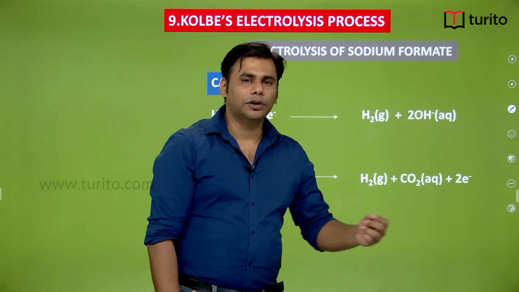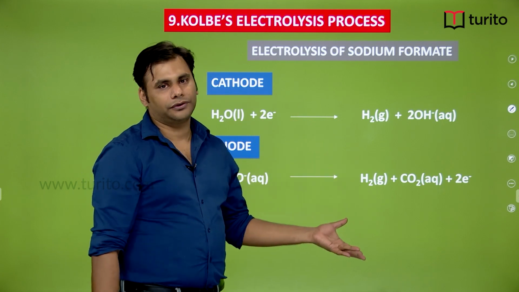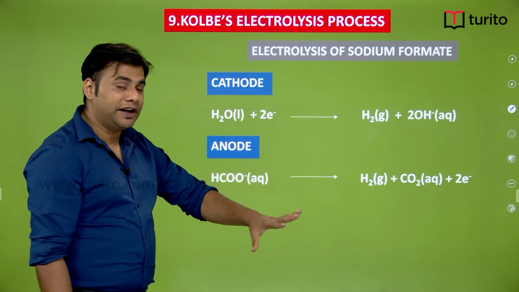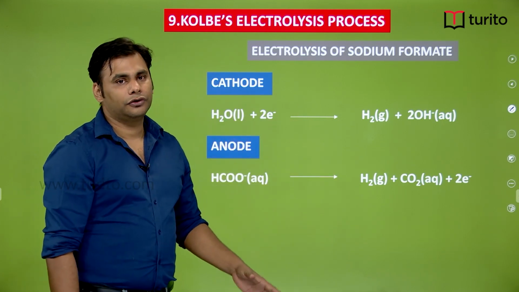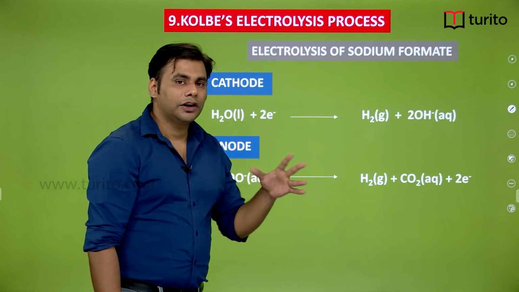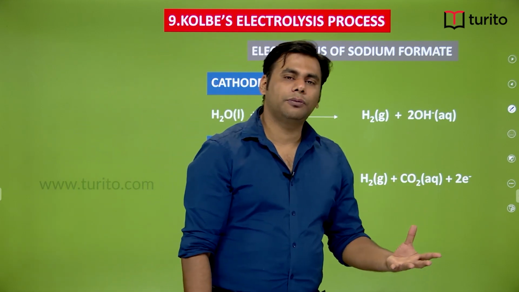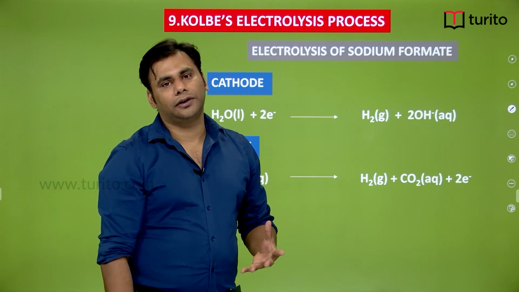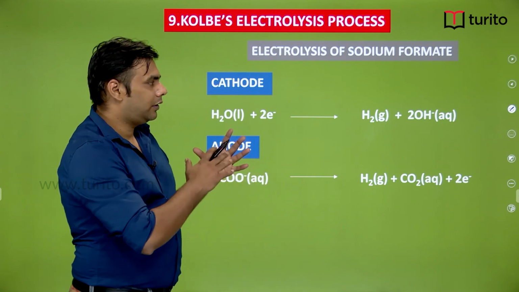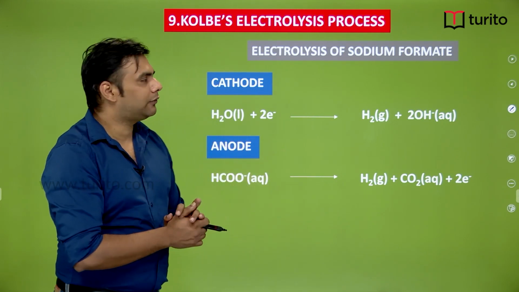We just need to know the rule and we'll start solving the questions. The questions will be based on these reactions only, so you need to understand all the reactions that would be happening at the different electrodes. I hope you understood everything that was taught today.